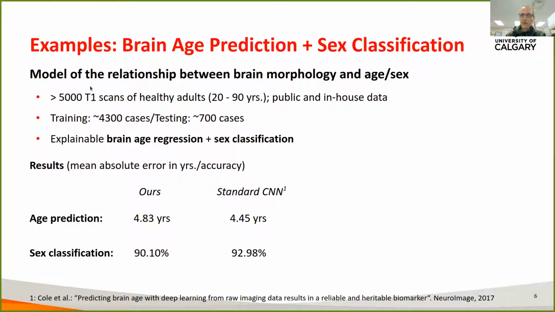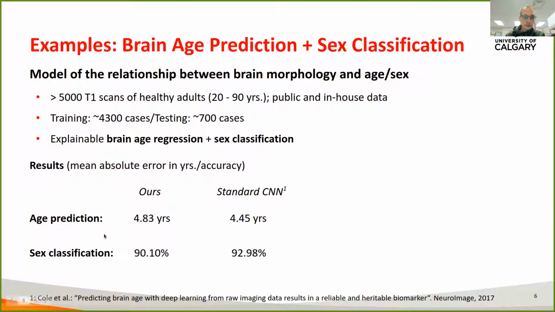We used more than 5,000 T1 scans from a large database here, and we did a split into training and testing cases, 4,300 for training and 700 for testing, and then built a brain age regressor and a sex classifier, and compared the accuracy of our normalizing flow-based architecture to a standard, popular CNN from the literature, which has been used for both of those tasks.